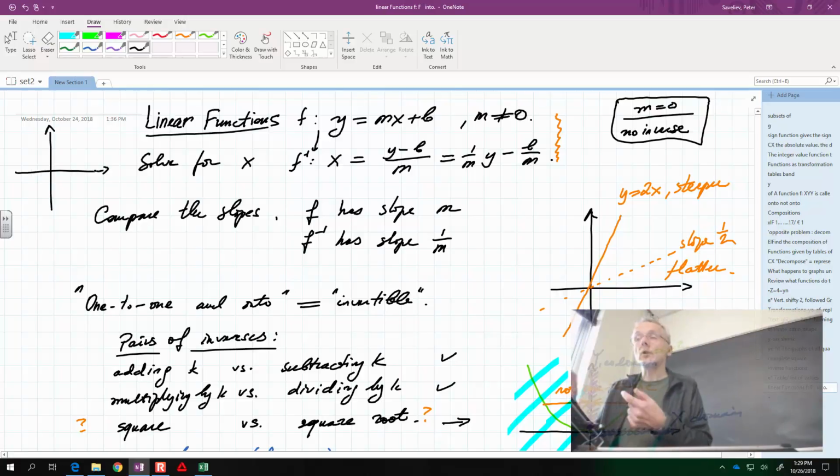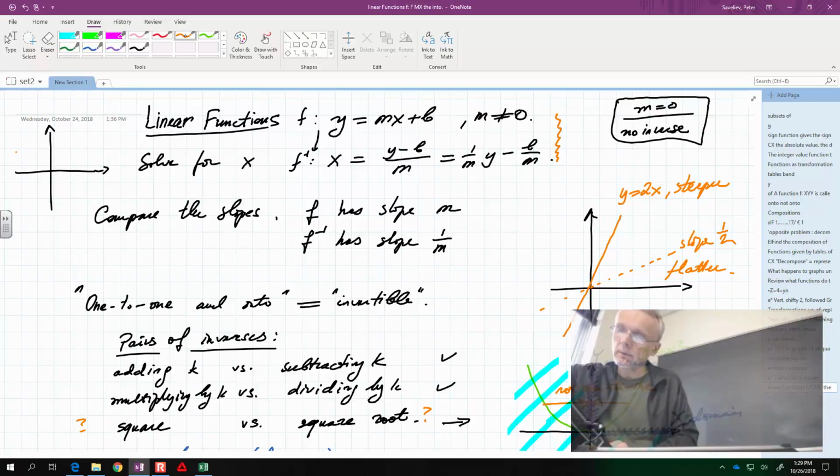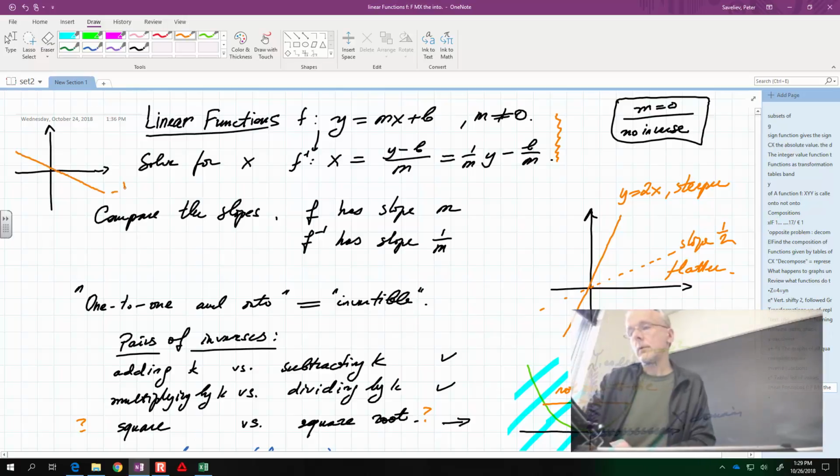So if you had, say, a slope of negative 1/2, like this, its inverse will have a slope of what? No, negative 2. Right. So like this.